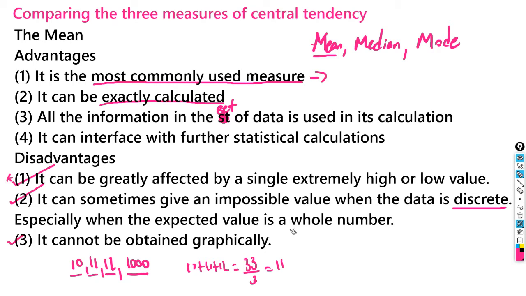Then you wouldn't necessarily, for example, let's say you're doing an assessment of who is the most attentive in class. You can't really do an average of a person, right? So there are times when it can really give an impossible value when the data is discrete.